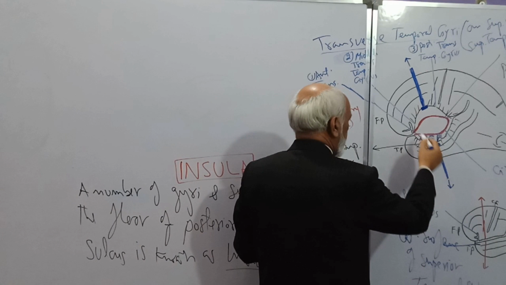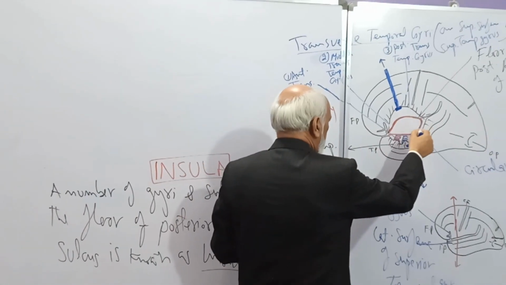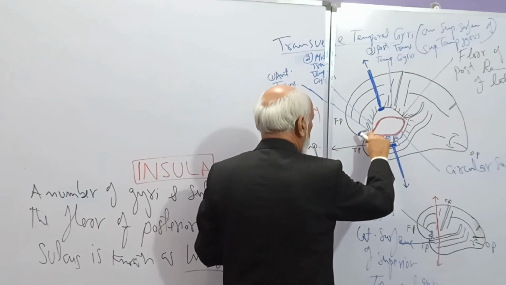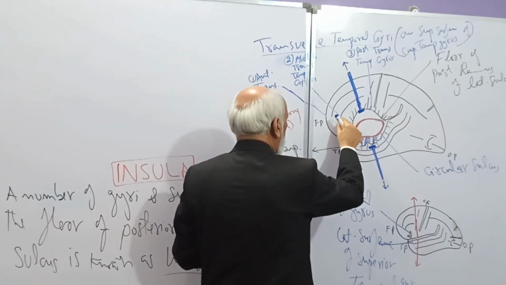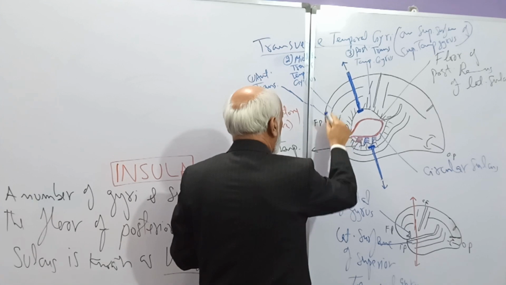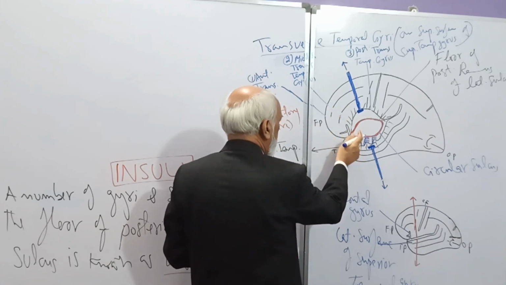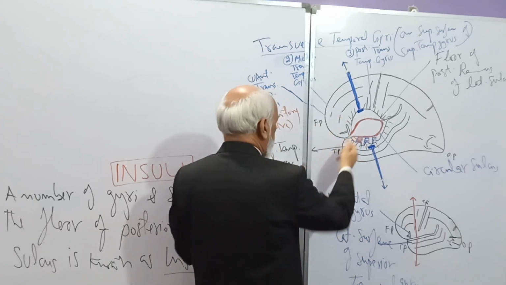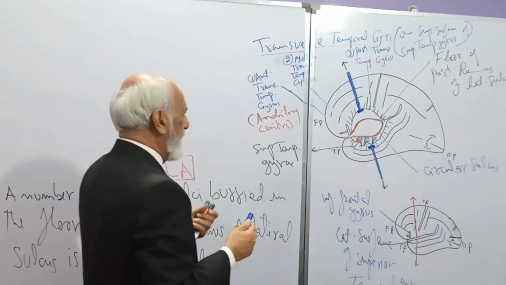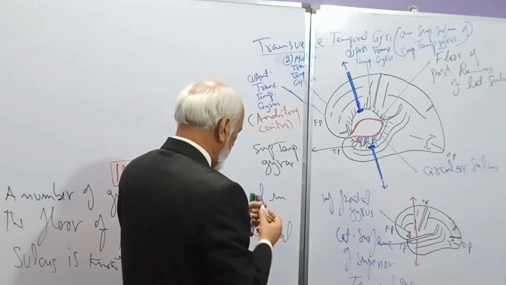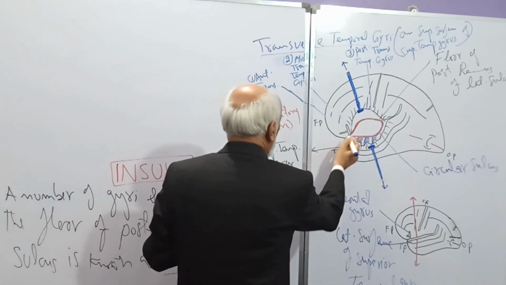Now, this is known as the circular sulcus, but it is not completely circular, because anteriorly it is deficient. As you can see here, it is deficient.